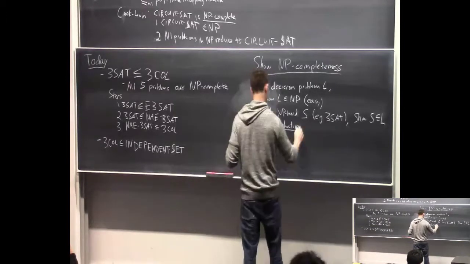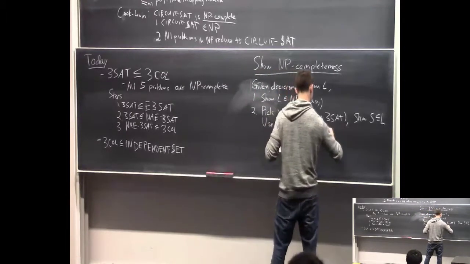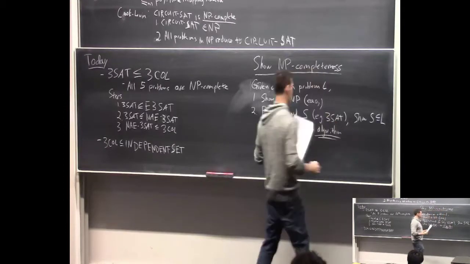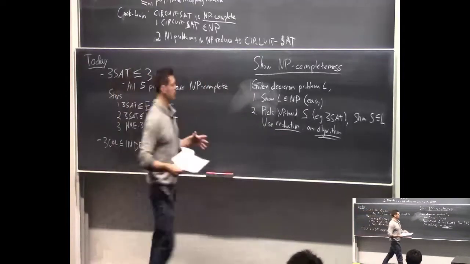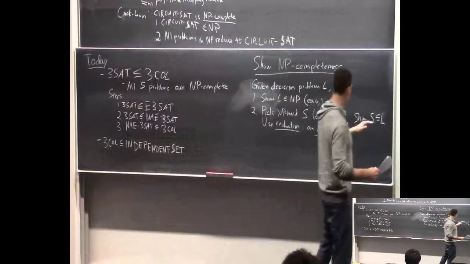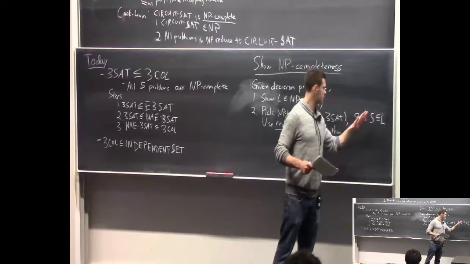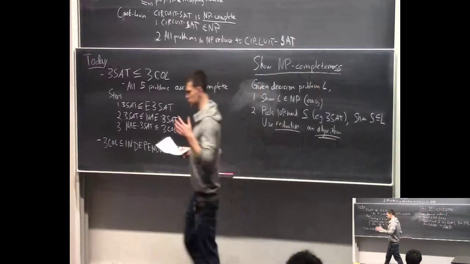And a reduction is an algorithm. Even though we're doing complexity theory here, we're just giving an algorithm that takes an instance of this problem S to an instance of L such that we accept this if and only if we accept this.